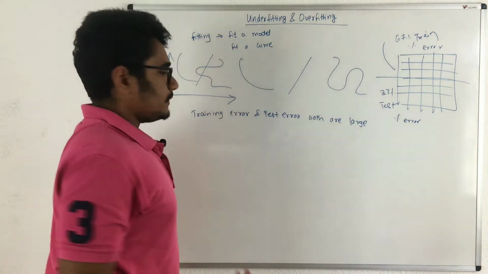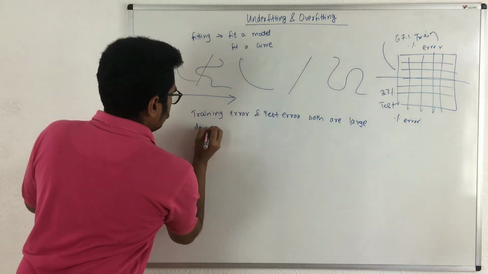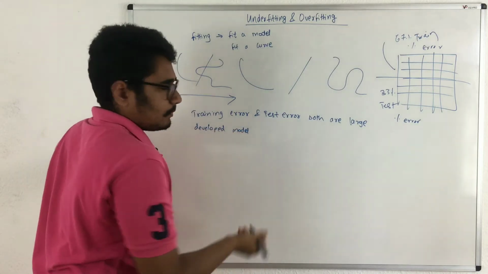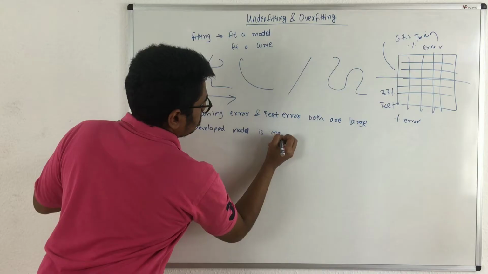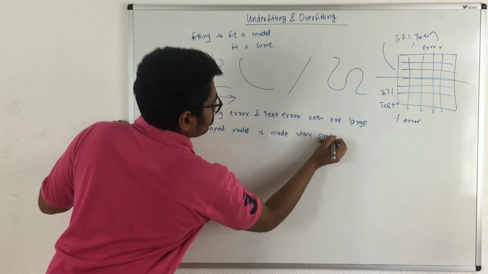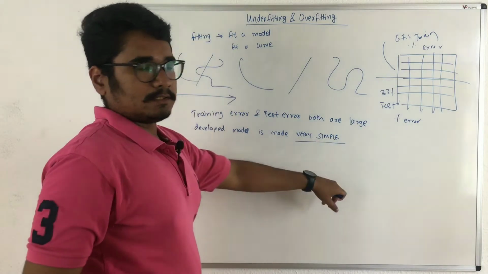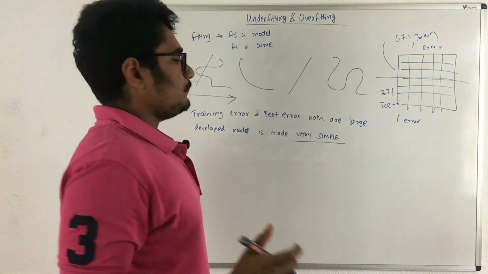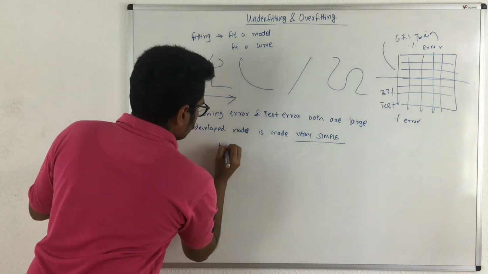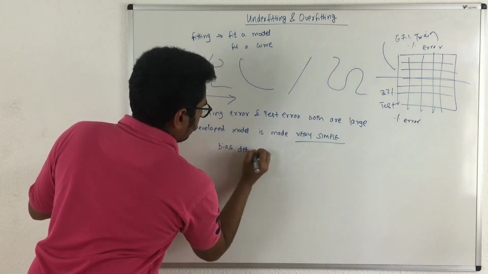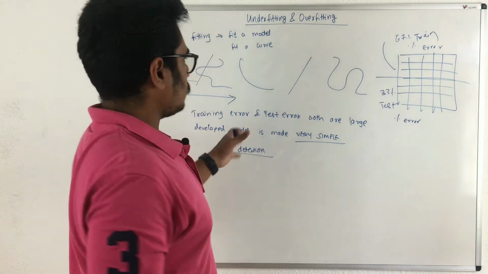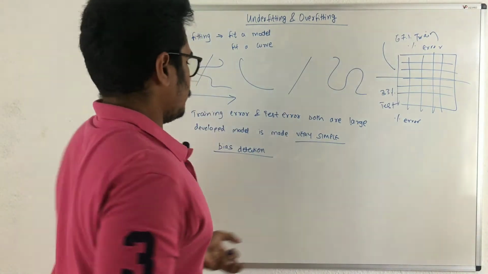This majorly happens when your developed classification model is made very simple. So in this case underfitting happens. Underfitting is mainly detected with the help of bias detection. There are various techniques in order to determine underfitting.